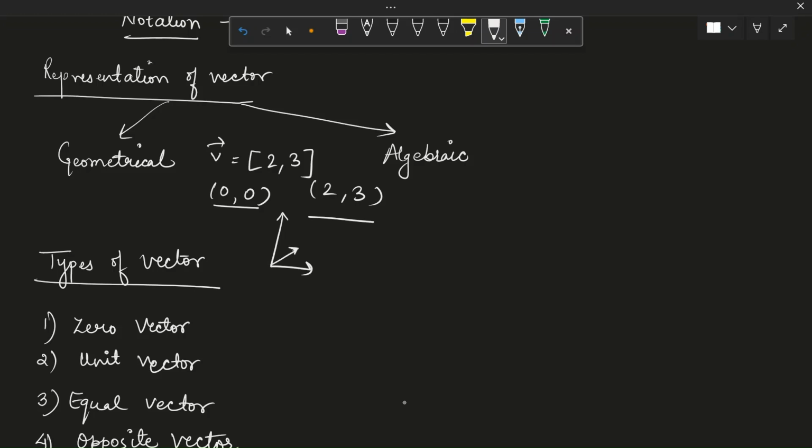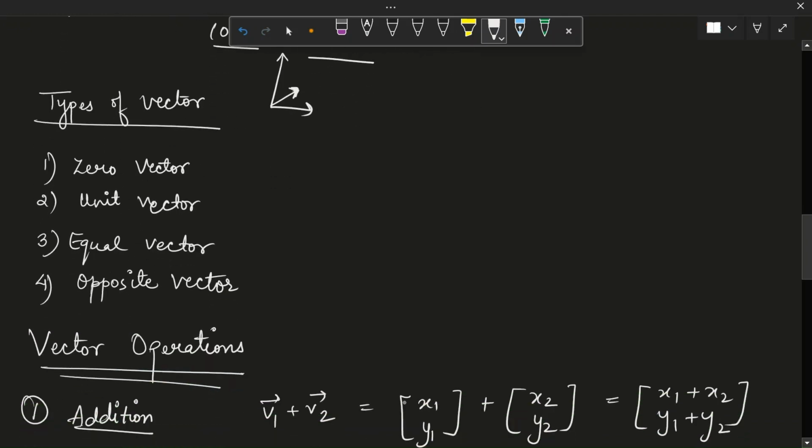This is how a vector is represented geometrically. Let's come to algebraic representation. A vector is written as a list of components in a column or row form. Algebraically, you can write it as a column vector or a row vector, as we just learned a few moments back.